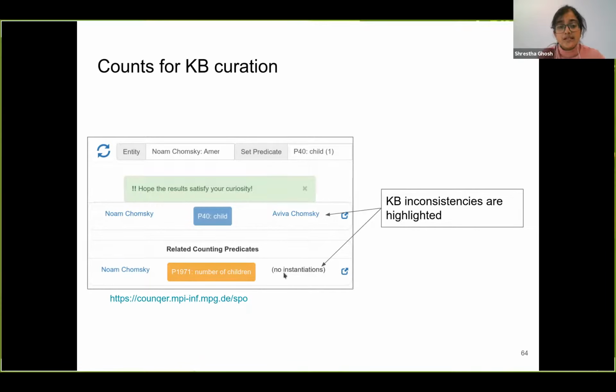So this helps to identify cases where there might be inconsistencies or incompleteness. So this was queried quite some time ago, and we see that this is already updated to 3 in the knowledge base.